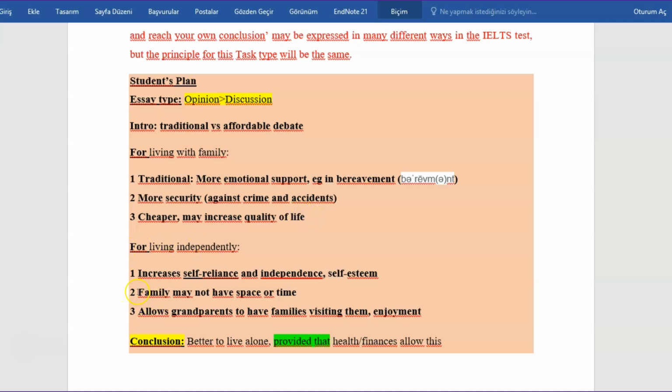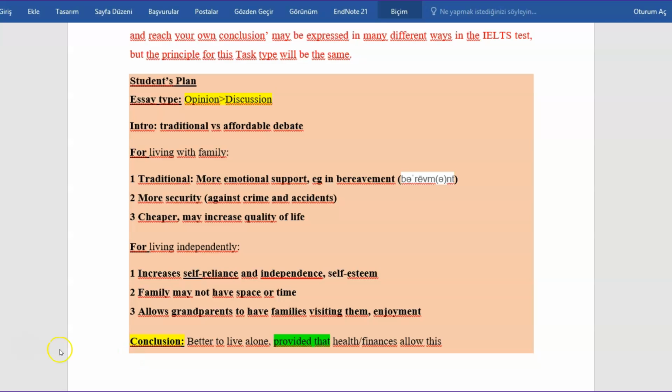And for the second paragraph, for those who support living independently, what are our opinions in this regard? It increases self-reliance, independence and self-esteem. Second, family may not have the space or time or allow grandparents to have families visiting them, especially for enjoyment purposes.